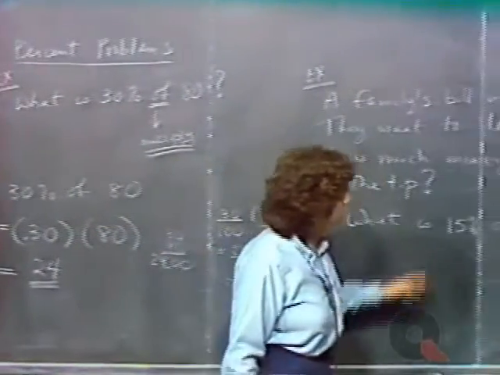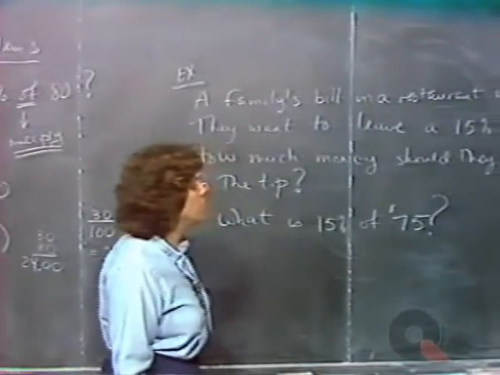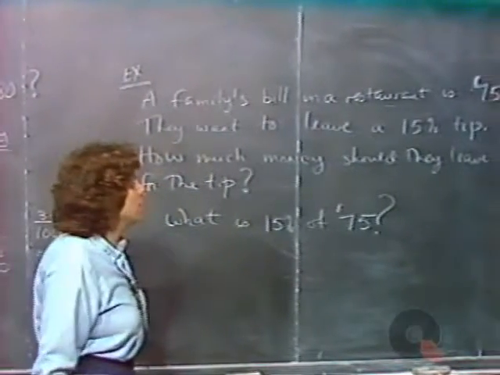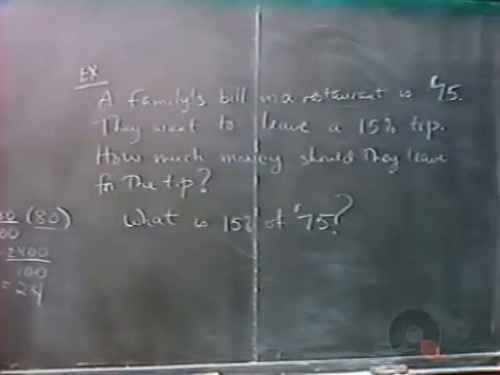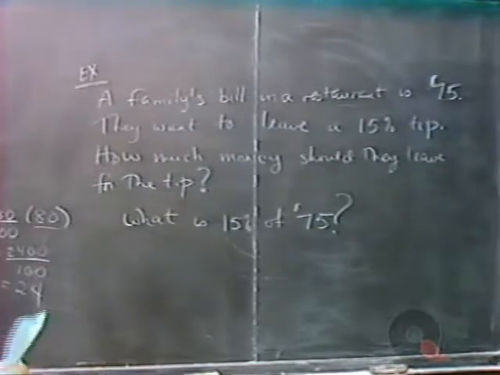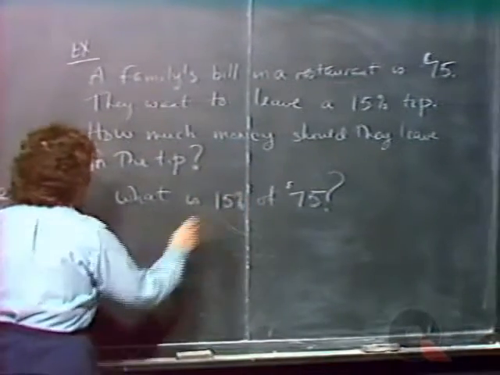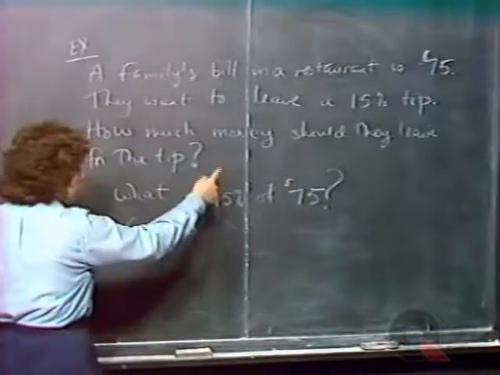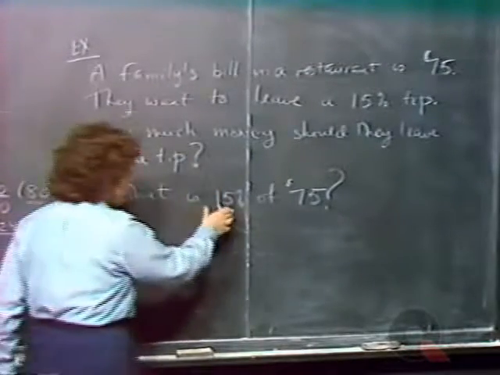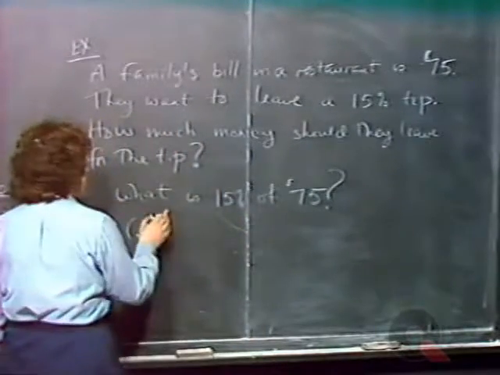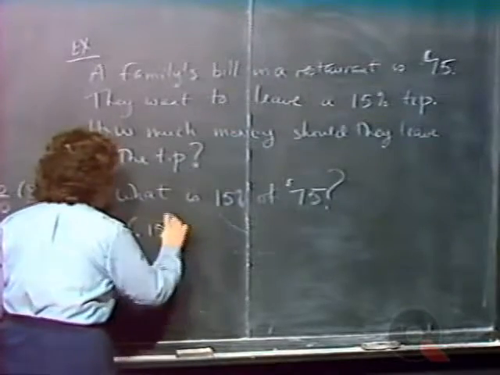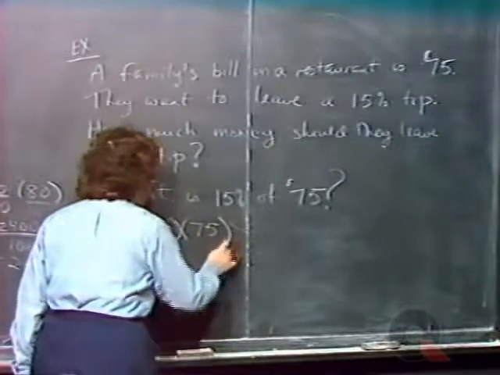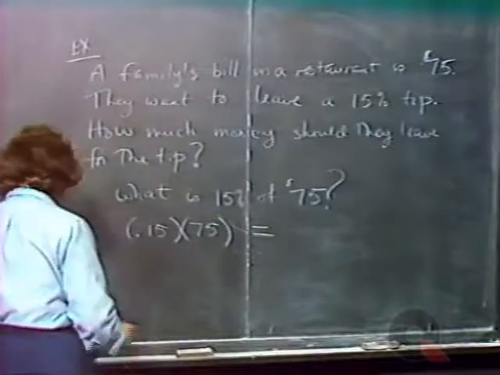Here, when the smoke clears, we're just asking for what is 15% of 75. The bill was $75. 15% of that is going to be left as a tip. So we want to multiply 15/100ths, or 0.15, times 75, and that'll be how much we should leave for the tip.